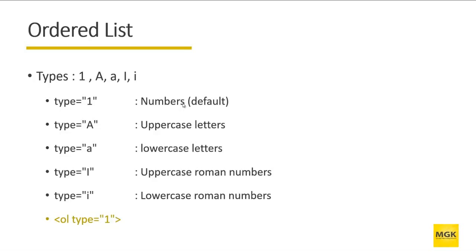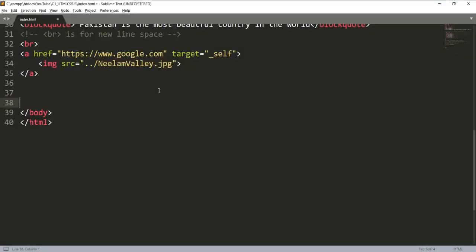So let's check it out and create your own ordered list. I'm going to write my own ordered list. First, I want to add a comment here: this is ordered list. As I told you, I need the ol tag. I just pressed the tab button, and it will make my ol tags by itself.